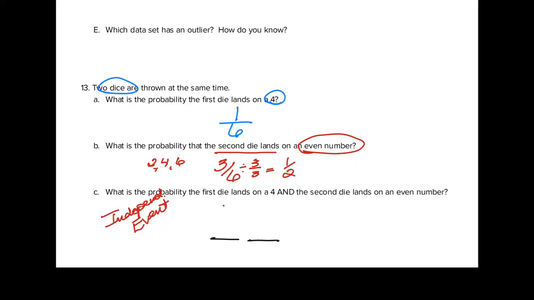So that means 1 out of 6, for getting the 4, that was our answer up here, times 1/2, which was our answer here. Whatever we roll on the first one does not mean anything. Yes, thank you, Antonio. When you multiply those together, you get 1 out of 12. Okay? So again, independent events, they do not affect each other at all. You would just multiply them together. All right? Okay. Any questions about number 13?